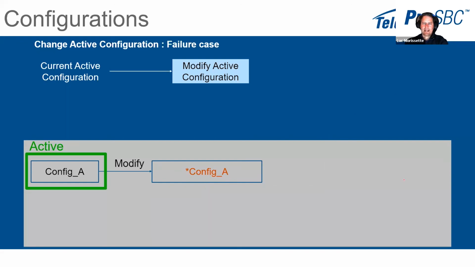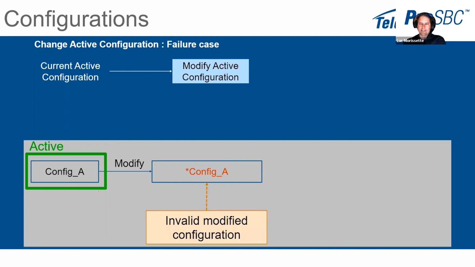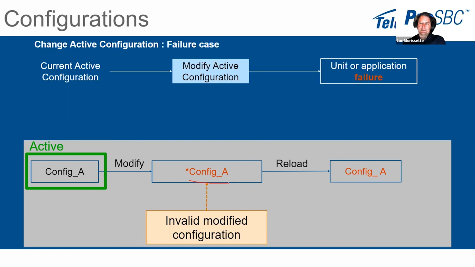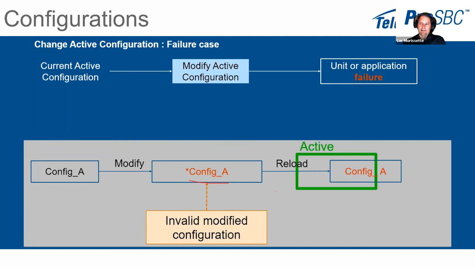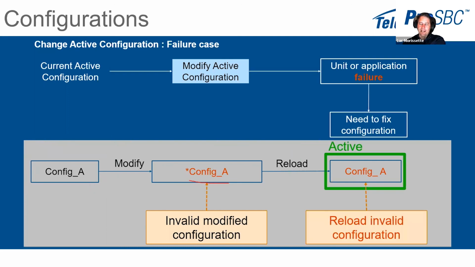The thing here is that if you modify the configuration A and you make a mistake, okay, then when you validate the configuration and it says, well, there's an error in your configuration, then you cannot activate this configuration. So if you try to activate it, it's going to stay on config A, right?